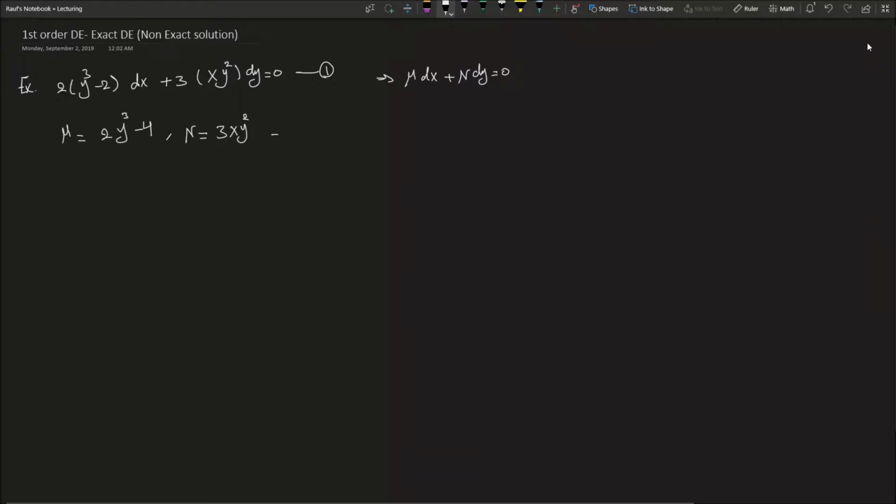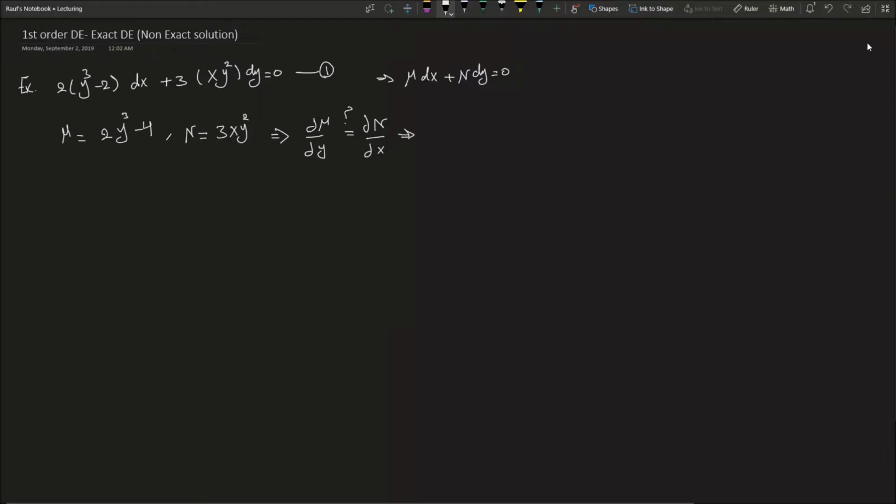Now in order to have an exact equation, we said that partial mu over partial y should equal partial nu over partial x. Let's test it.